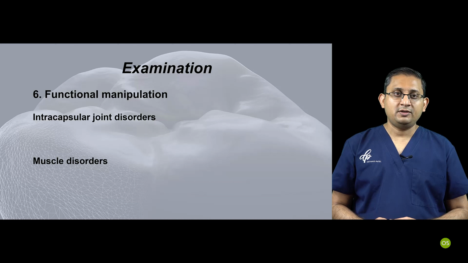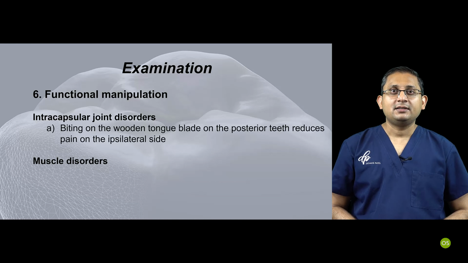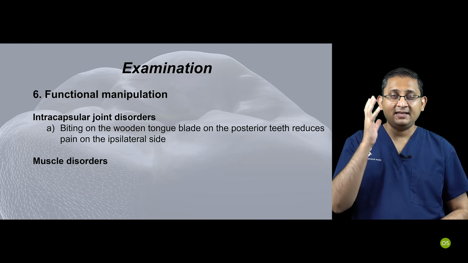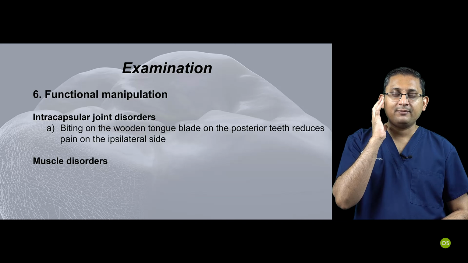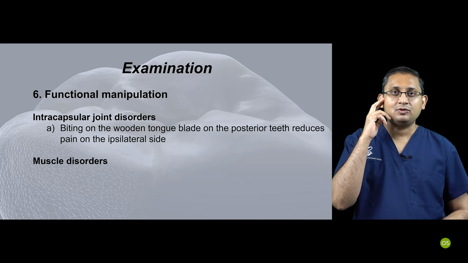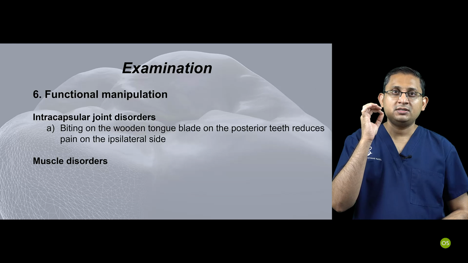The functional manipulation is also another way to assess. The way you can do this is to use a wooden tongue spatula and ask the patient to bite on the same side where the pain is arising. So if a patient comes to you and says, I have a pain somewhere in this area, and you are unable to find out whether it's intracapsular or from the muscle, you ask the patient to bite on a wooden tongue spatula on the same side.